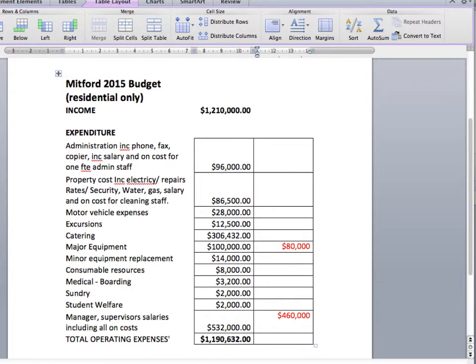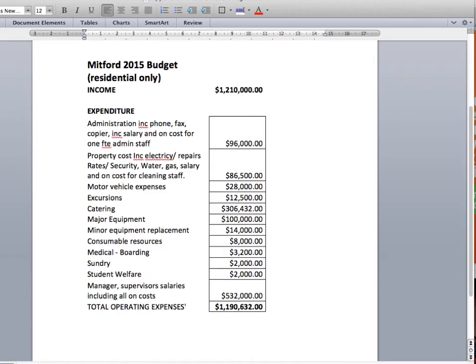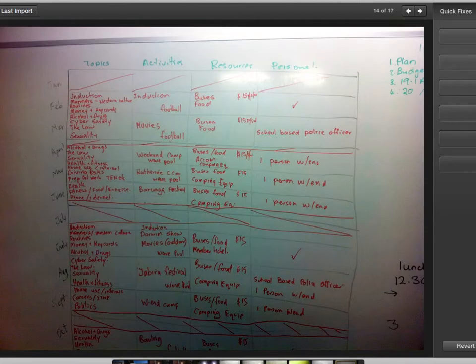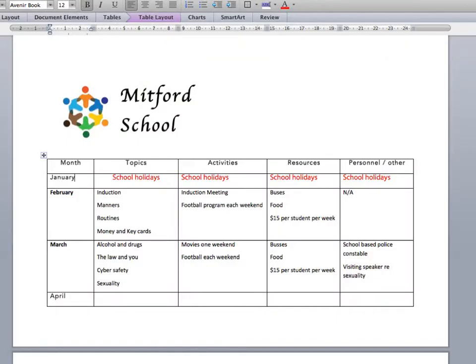What we're trying to do, going back to my slides now, is develop this program so that we have topics, kind of weekly topics. You might have activities, then the resources, and you would work out from your budget how these resources were going to be funded.